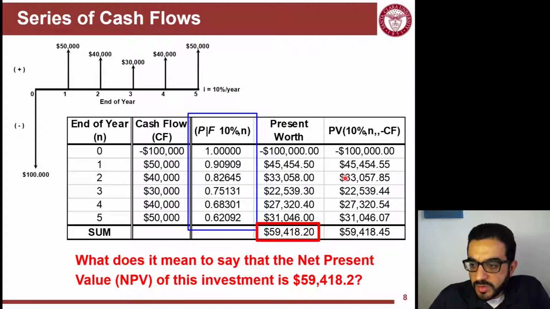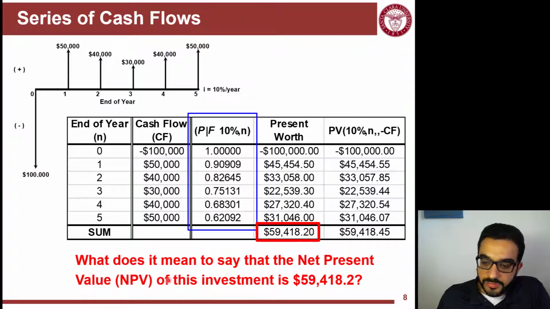So this is the answer we got by paper calculations, or I can also use Excel. So I'm showing here the 2 ways of calculating the same thing we just calculated. P given F factors, I can get them from the tables and calculate the present worth like this, or use the Excel function PV, and it will give us a pretty close answer to what we got before.